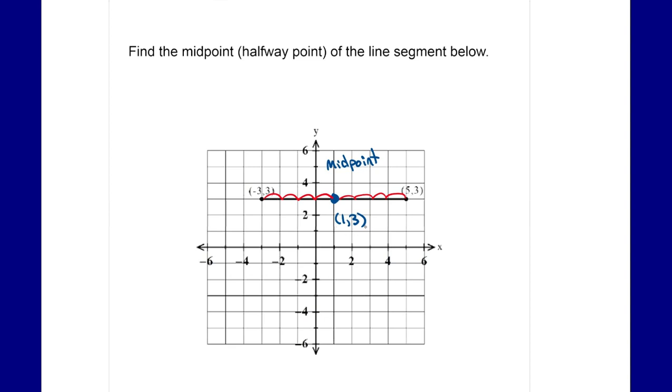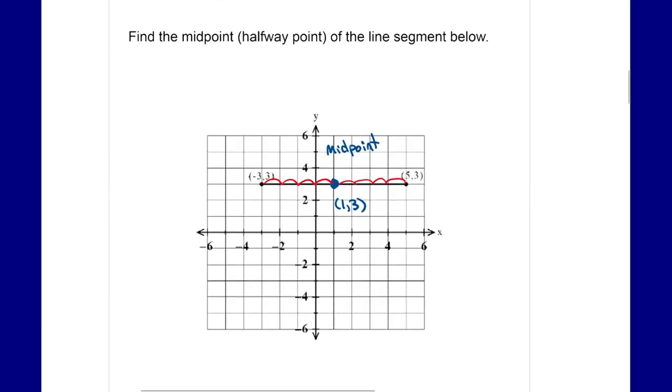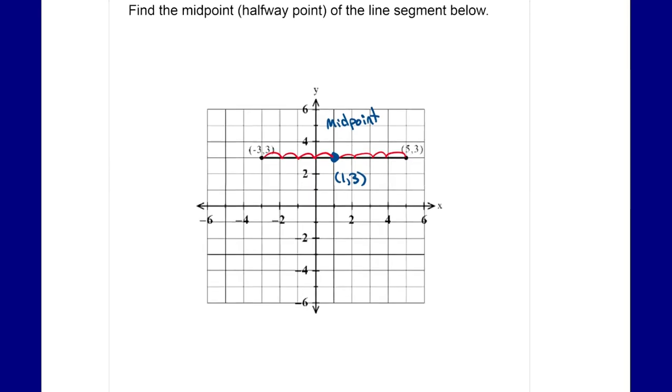Well, if I look at the coordinates of this middle point, the y values happen to be the same. And if I look at the x values, they're not the same, but how do I find 1 from 5 and -3? What we could have done is find the average of those two values, or basically add them up and divide by 2. So my midpoint is going to be two values.